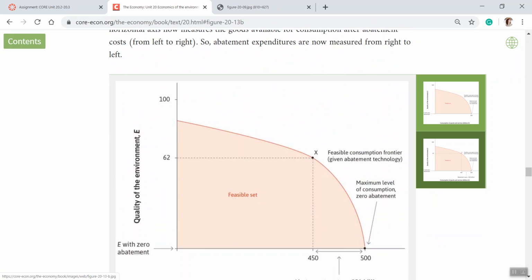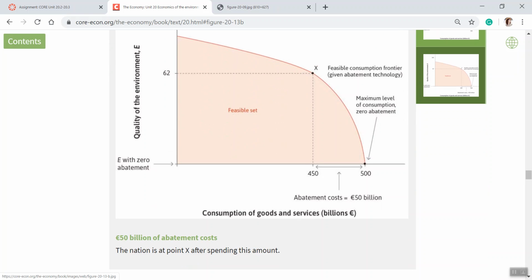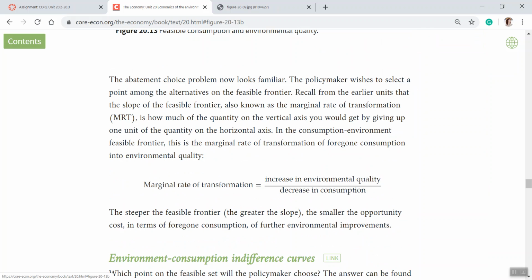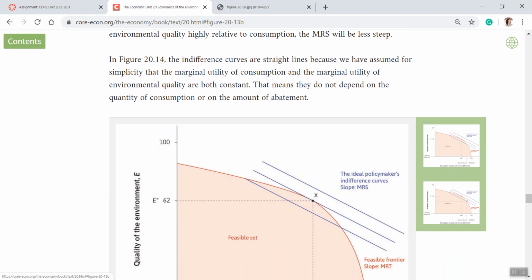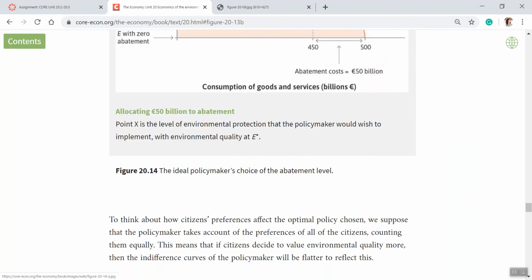It's basically explaining how the feasibility sets work, again looking at the trade-offs of consumption versus the environmental benefits. And we have a formula, but I'm giving you guys a break from all of that. Basically, what I want you to understand is that not every solution is equal, and there are trade-offs that we have to think of as we're going from one solution to the next.